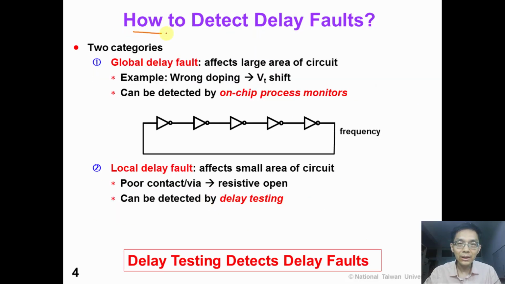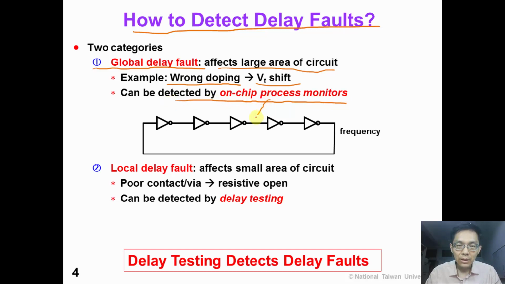So how do we detect the delay fault? We consider two scenarios. First, a global delay fault, which affects a large area of the circuit. For example, wrong doping in our manufacturing process can cause a VT shift, which is a global delay fault. To detect this, we can design on-chip process monitors, such as this 5-inverter oscillation ring.